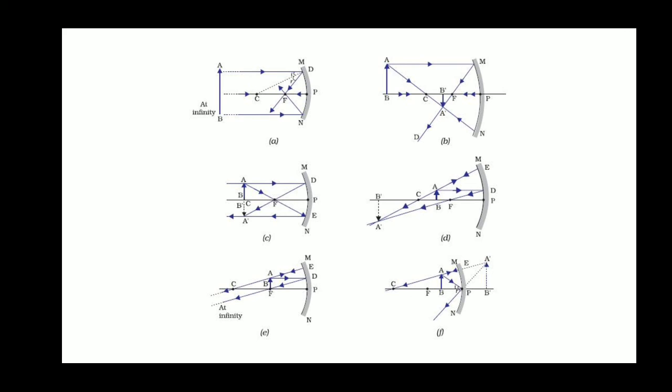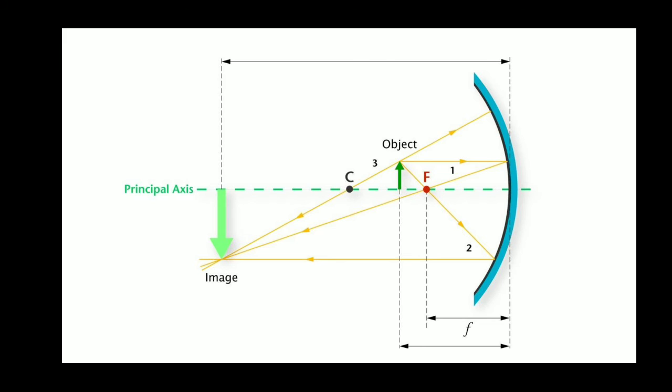You will get the correct shape and size. Within one page, you can get all these things. So far we studied the concave mirror, and once again, the rules have to be followed, so that you will get the correct size and correct image.